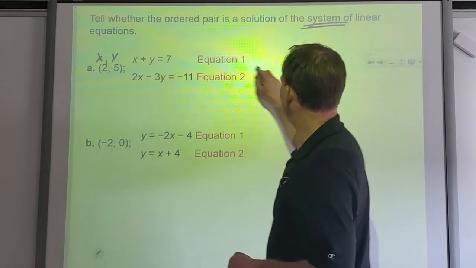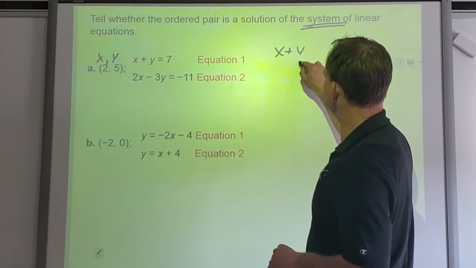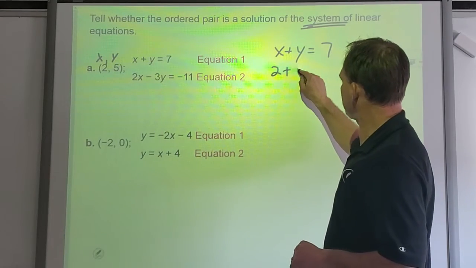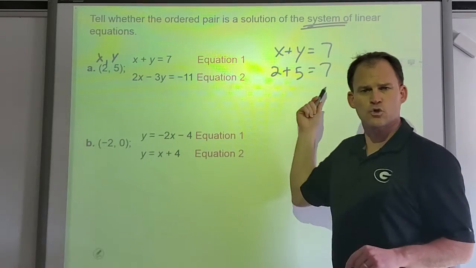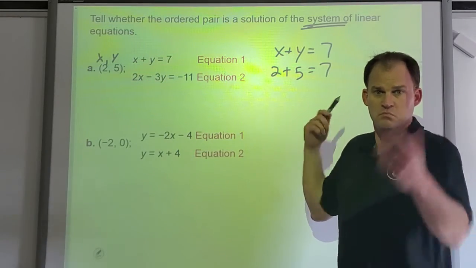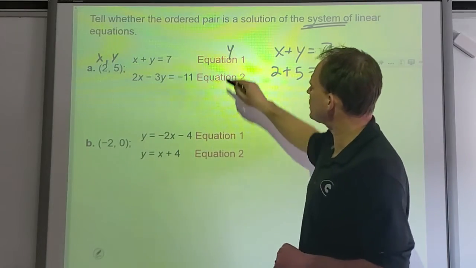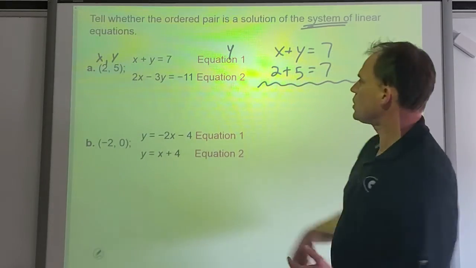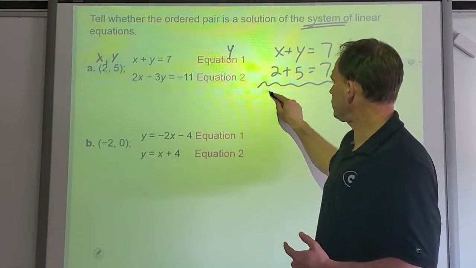So here's equation 1. Plug in the points. Is that true? Is 2 plus 5 equal to 7? Absolutely. So it was a yes for 1, but now I need to check equation 2. So here's the equation.